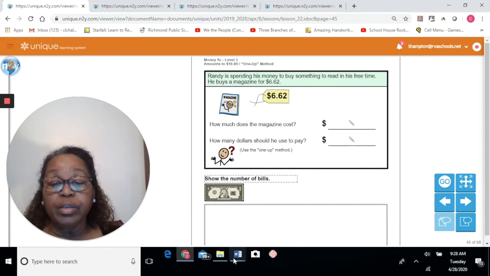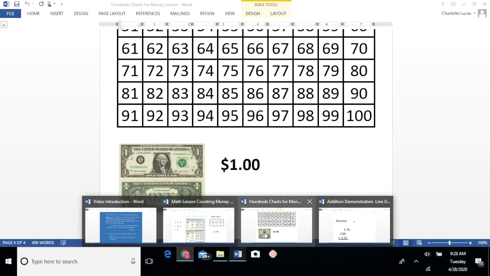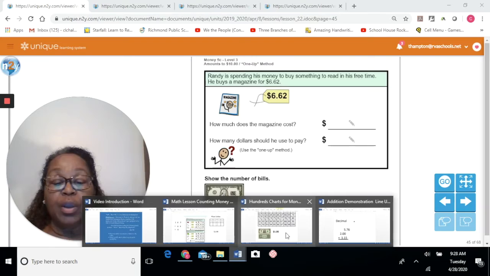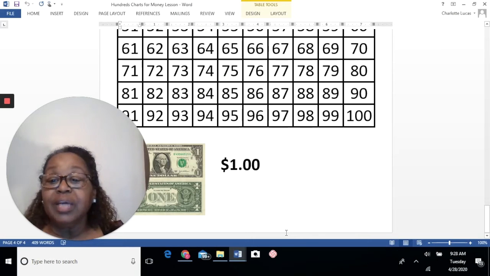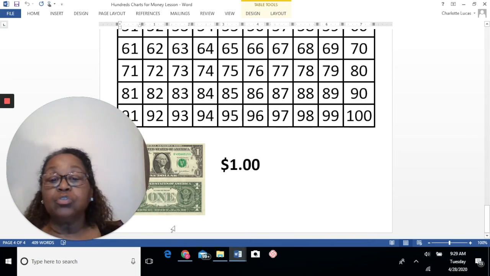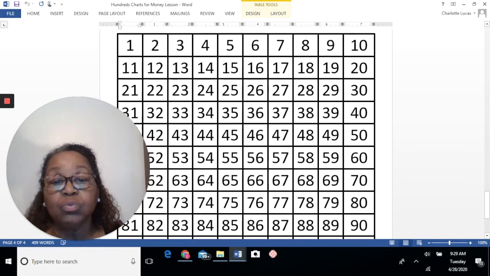When we are working with money, when we're talking about dollars, a dollar is 100 cents. And to represent a dollar, we need the dollar sign and we need the decimal point. And when we see the decimal point, we say and. So the dollar is 100 cents.